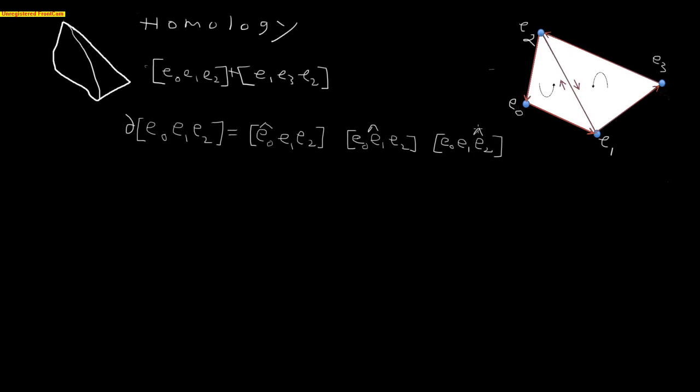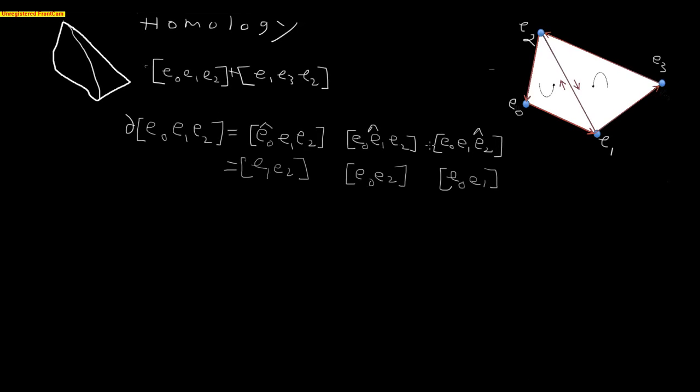So that's basically, this hat means we are going to eliminate the first, and then the second, and then the third vertex. So what do we get? For this, if you eliminate it, we get [E1, E2]. Here we get [E0, E2]. And here we get [E0, E1].